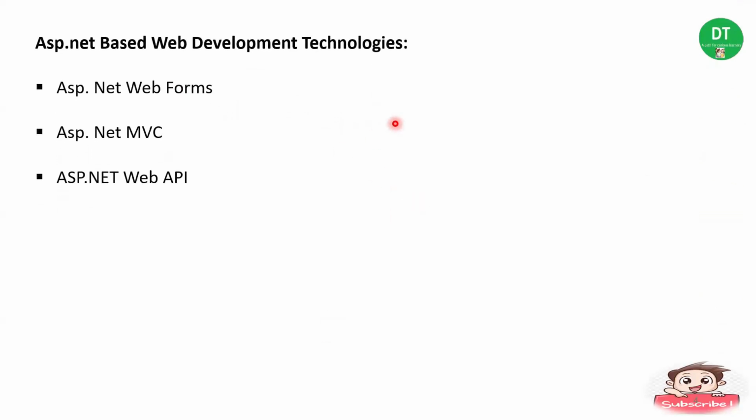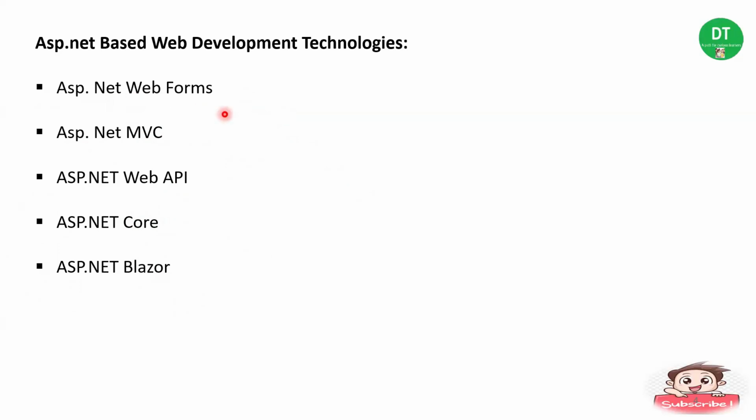ASP.NET-based web development technology. There are a number of technologies available which are based on ASP.NET. Those are ASP.NET Web Forms, ASP.NET MVC, ASP.NET Web API, ASP.NET Core, and ASP.NET Blazor. ASP.NET Core and ASP.NET Blazor are based on .NET Core. .NET Core is the latest framework for creating .NET applications, and ASP.NET Web Forms, ASP.NET MVC, and ASP.NET Web API are based on the .NET Framework.